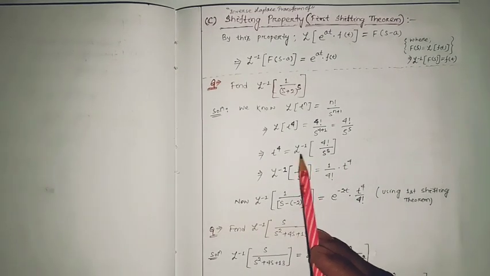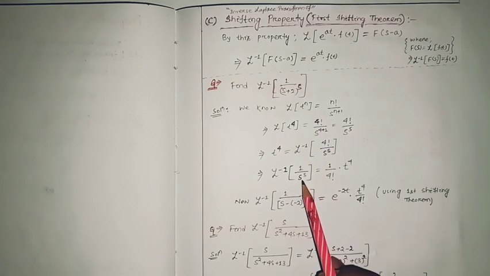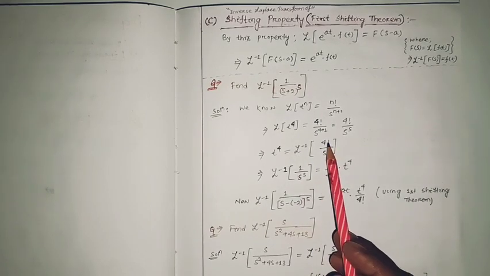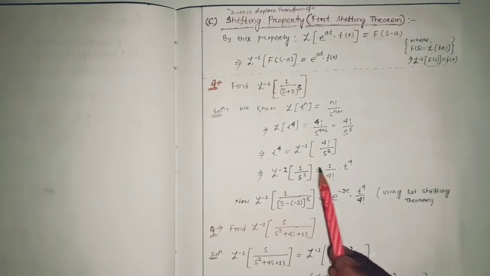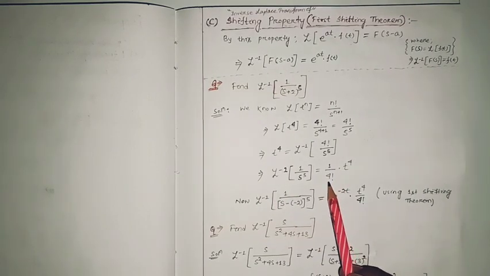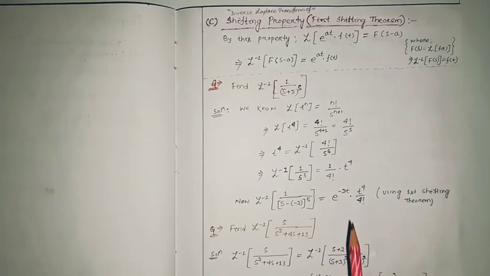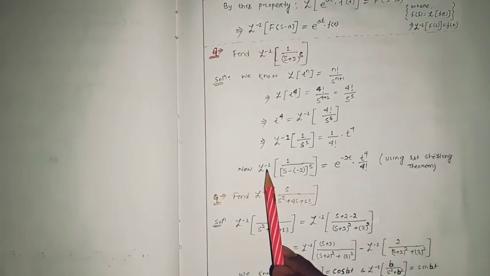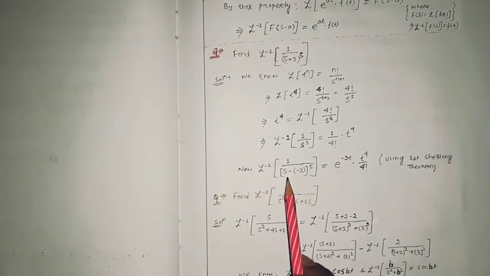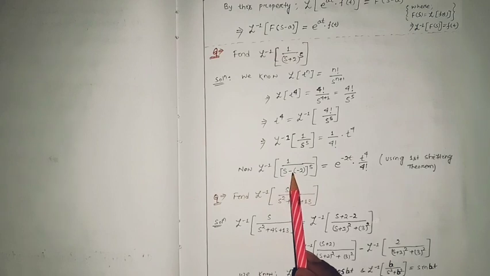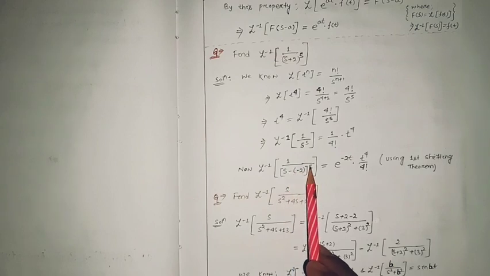That implies the inverse Laplace transform of 1 by s to the power 5. This 4 factorial will be divided with this term. So it will be 1 by 4 factorial into t to the power 4. Now, the inverse Laplace transform of 1 by (s minus of minus 2) to the power 5.